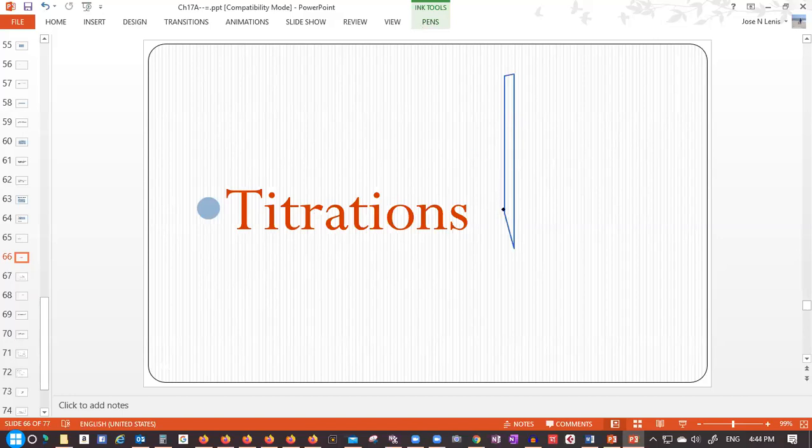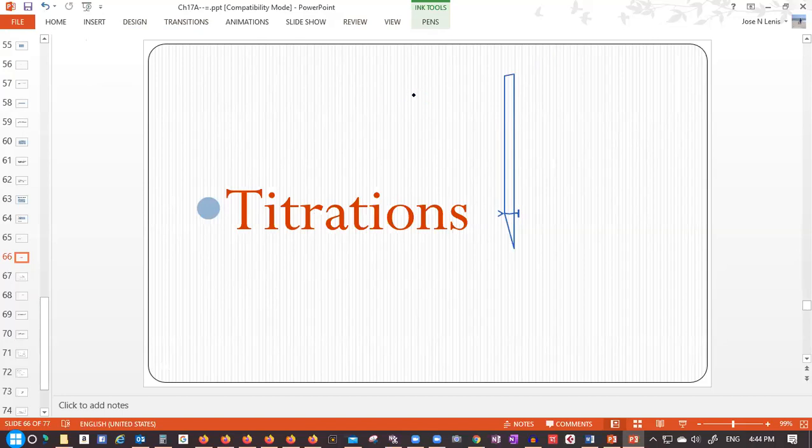So this instrument is something like this. Do you know the name of this lab glassware?